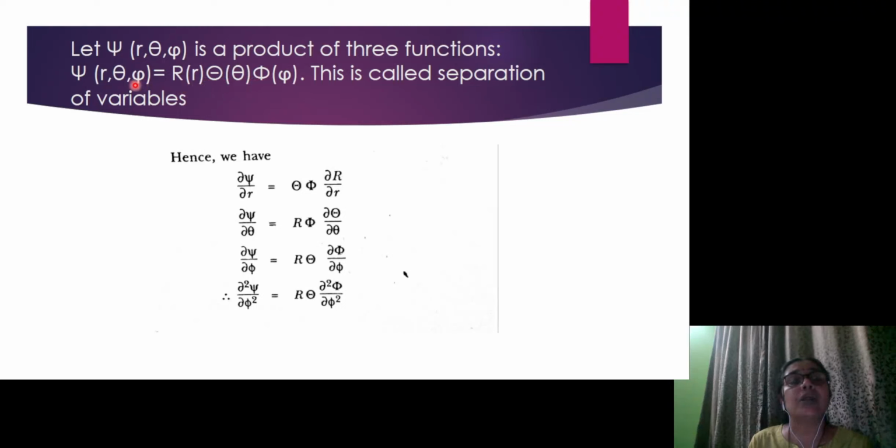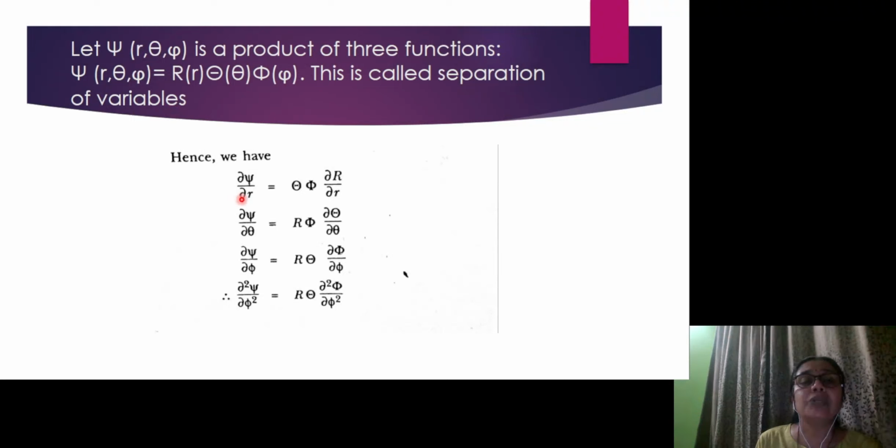So we are writing psi(r, theta, phi) as a product of these three functions: R, which is a function of only small r, Theta, which is a function of only theta, and Phi, which is a function of only phi. This is called separation of variables. Generally, whenever such a large number of variables are involved, this is the method which is followed to simplify the differential equation.